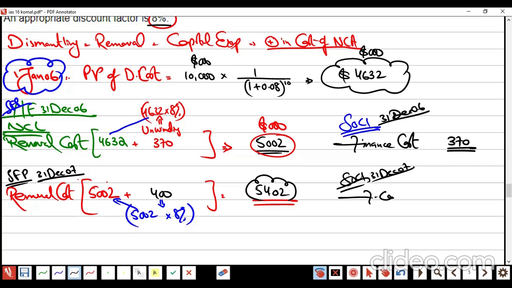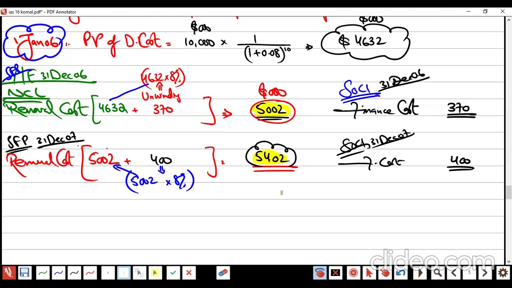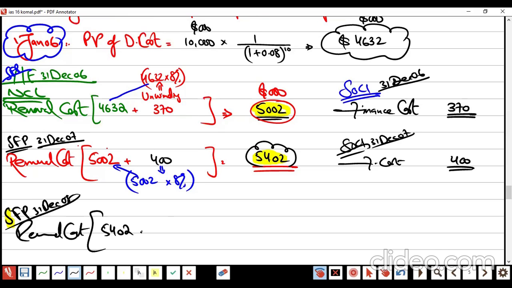And the finance cost is going to be 400. Slowly it is increasing, and in the third year it will increase more. If you want, I can do the third year. The closing of the previous year is the opening of the current year, plus unwinding at the rate of 8%.